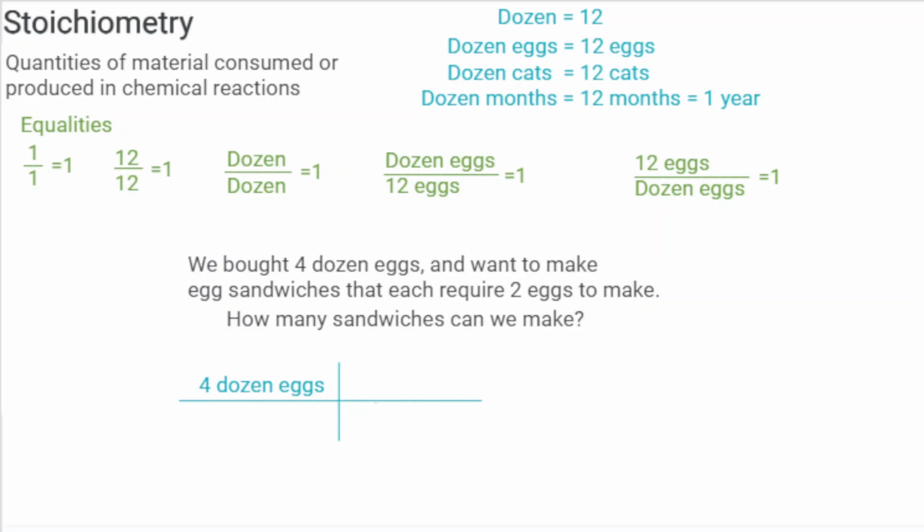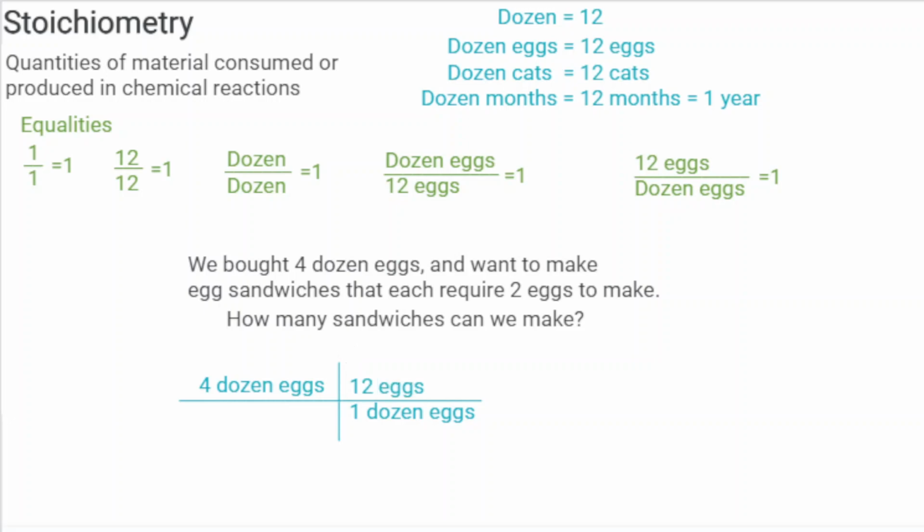And so basically we just start off with our given variable, and then to the diagonal down of this, we need to put another equality that has that same unit, the same unit of dozens of eggs. And the only thing we know that is dozens of eggs is that same example we were using earlier, where we have 1 dozen eggs is equal to 12 eggs.